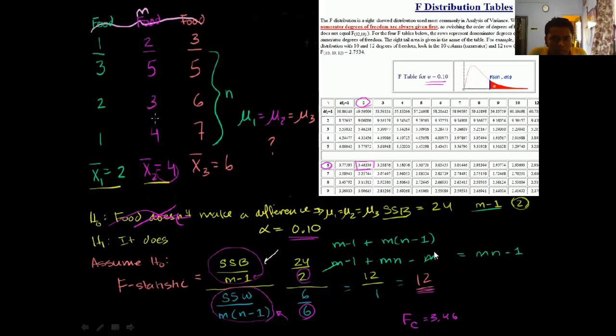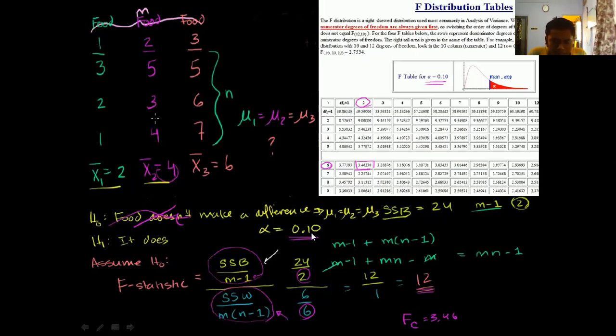Okay. So now if you consider the F distribution table, there you will also see the same result. In the F distribution table, you are considering alpha equal to 0.10. So this F curve is for alpha value 0.10, and this table also gives you the results for alpha equal to 0.10. That means the confidence level is 90%.